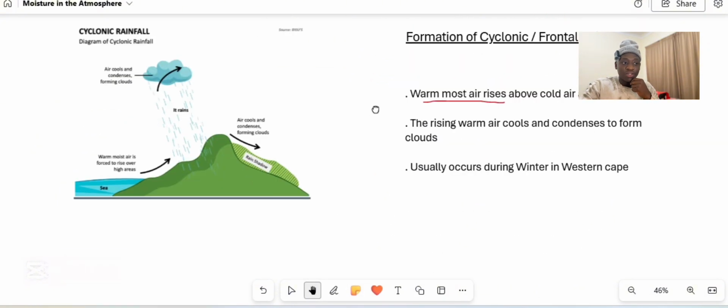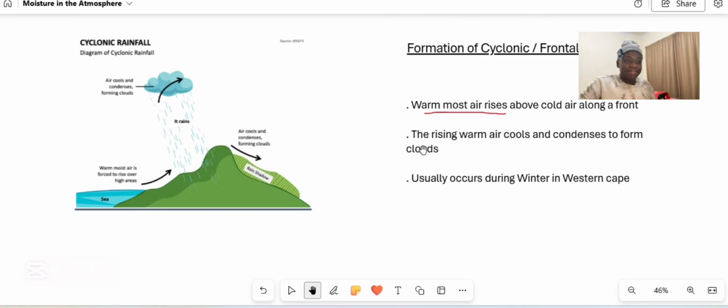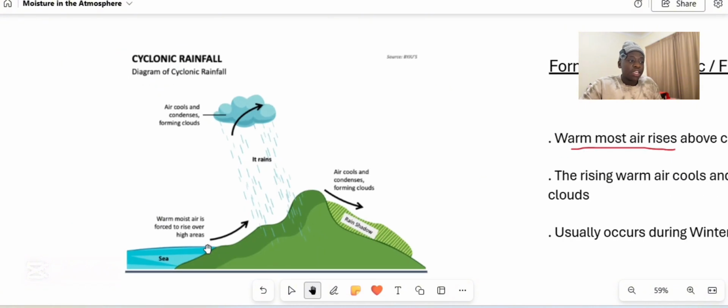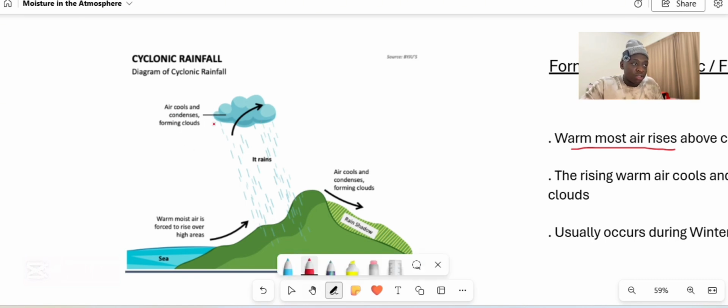Hopefully I'm not confusing you. The rising warm air cools and condenses to form clouds, as you can see here. Warm moist air is forced to rise over the cold air, and the air cools and condenses to form cloud. As you can see here, there's a cloud that is formed, and it brings rainfall.